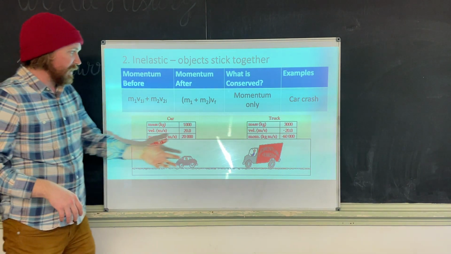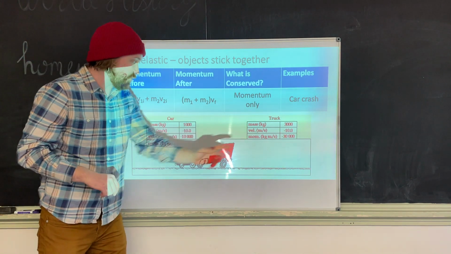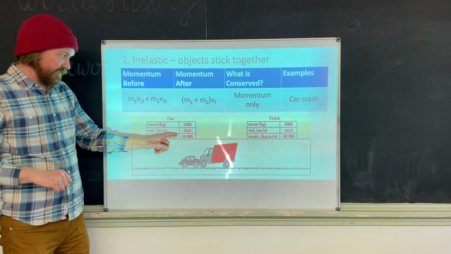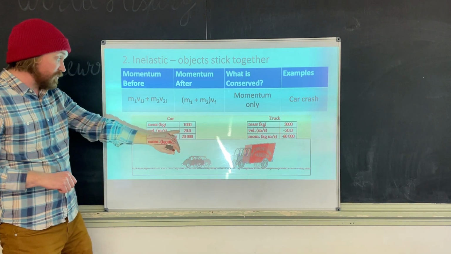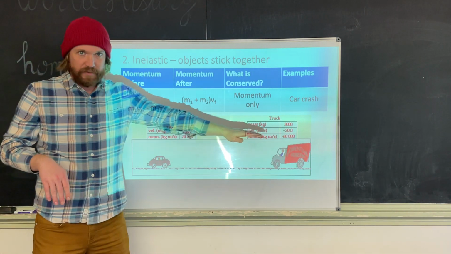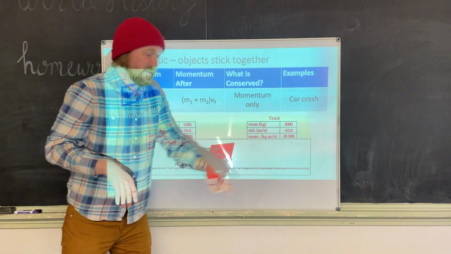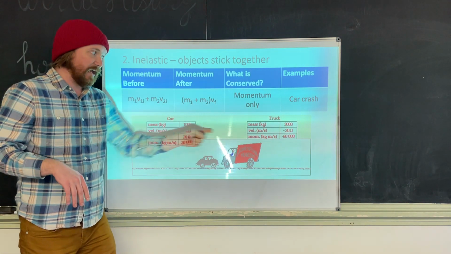Here, again, if you want to go through this on your version of the PowerPoint, you can see the car and the truck. The car has a mass of 1,000 kilograms. Its velocity starts off as 20 meters per second because it's going in the positive direction, whereas the velocity of the truck starts off at -20 because it's going in the opposite, or negative, direction.